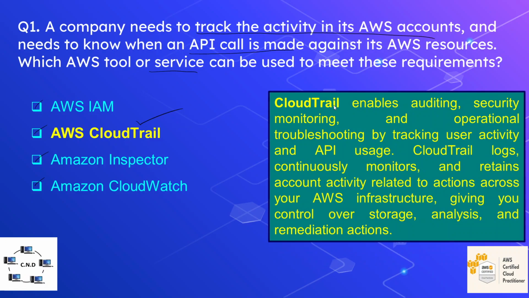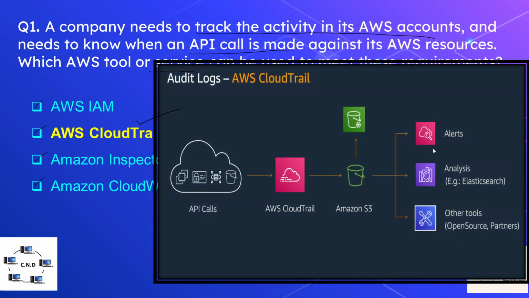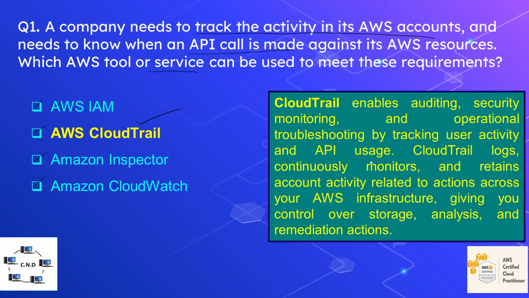So AWS CloudTrail enables auditing, security monitoring, and operational troubleshooting by tracking user activity and API usage. CloudTrail continuously monitors and retains account activity related to actions across your AWS infrastructure, giving you control over storage, analysis, and remediation action.